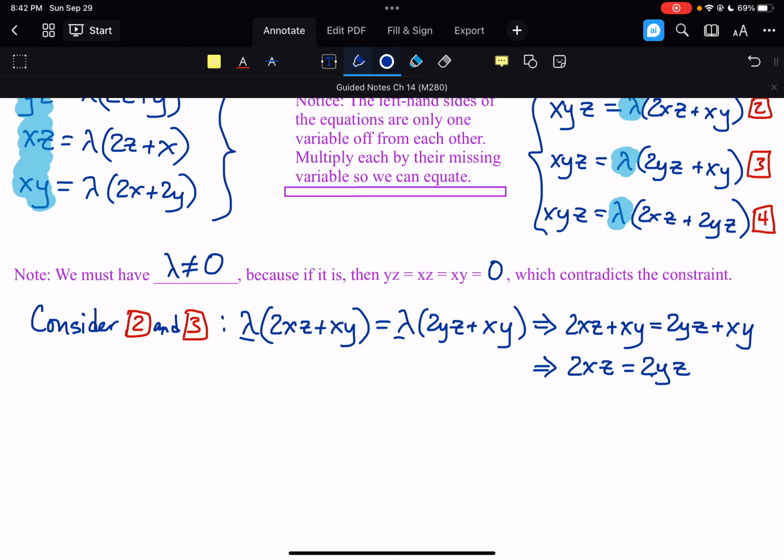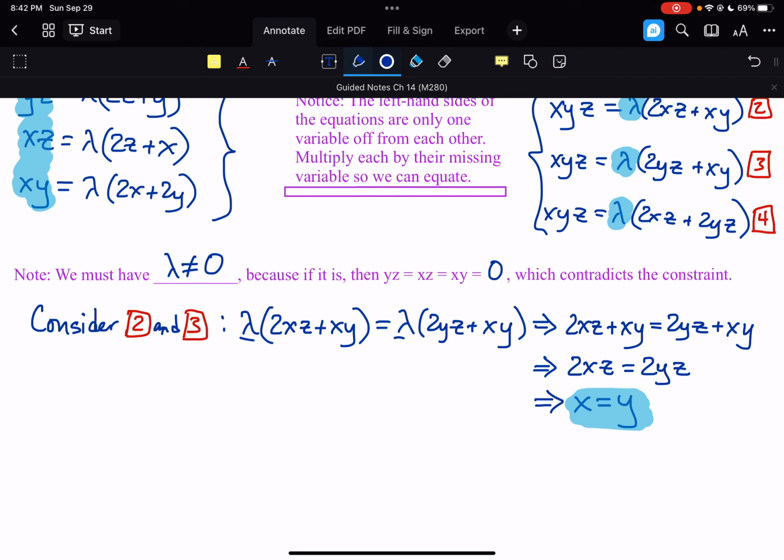Then we can divide away the 2. We're also going to divide away the z, because z cannot be 0. If it is, then we're not working with a maximum volume, because volume would be 0. So we're just left with x equals y.